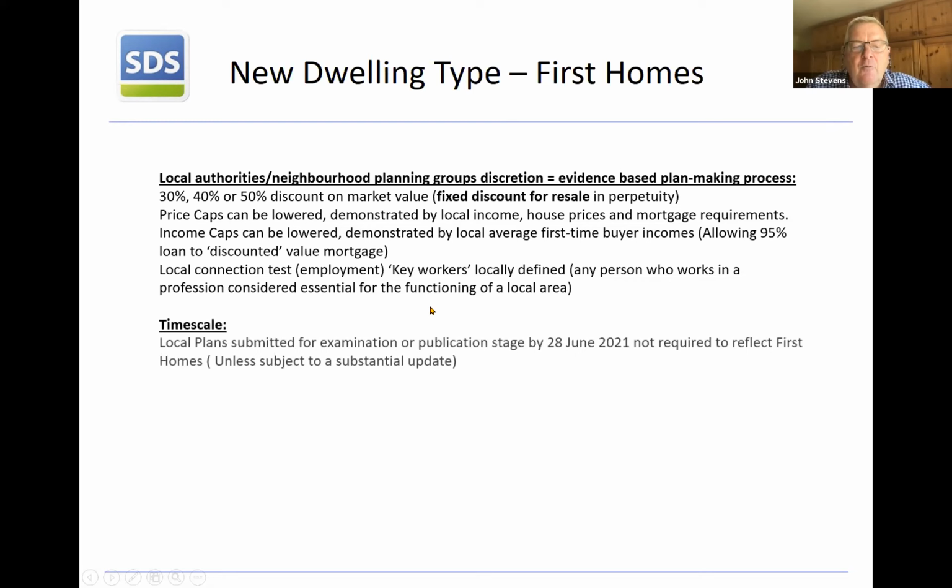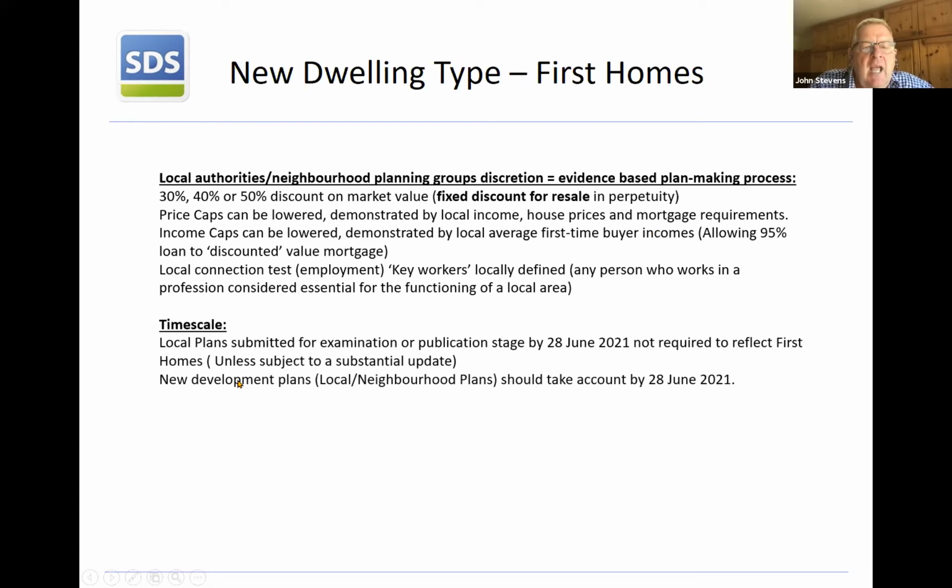Timescale with first homes. Well, if you've got your local plan underway or at publication stage by last month, you haven't got to reflect first homes. So basically, if you're close to finishing your local plan, they allowed you to finish it. However, if you're doing new development plans, they should be taking account of first homes.